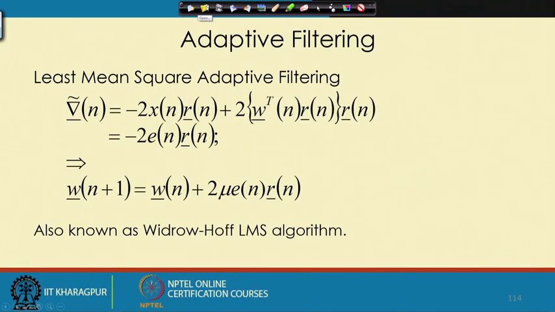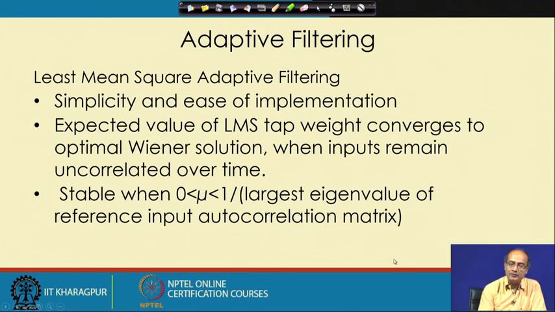So that is the simple idea about the Widrow-Hoff LMS algorithm, which is very simple yet very effective, and that is the reason it is very popular in academia as well as in industry.